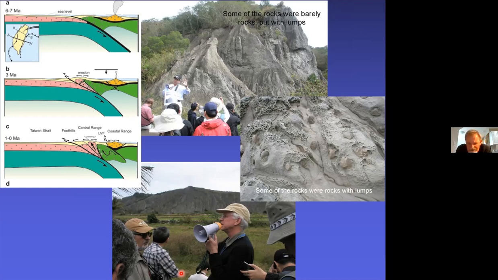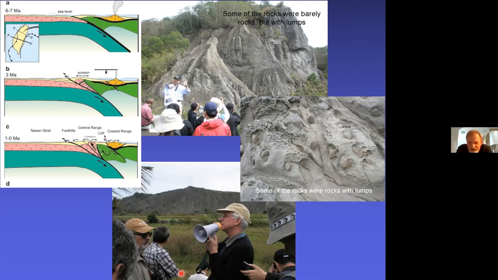If you look at the Luzon Arc, which is beyond the Lichi Melange, it is basically undeformed. The arc is as pristine as you can see it. All the deformation is localized in the sediments of the Chinese margin.